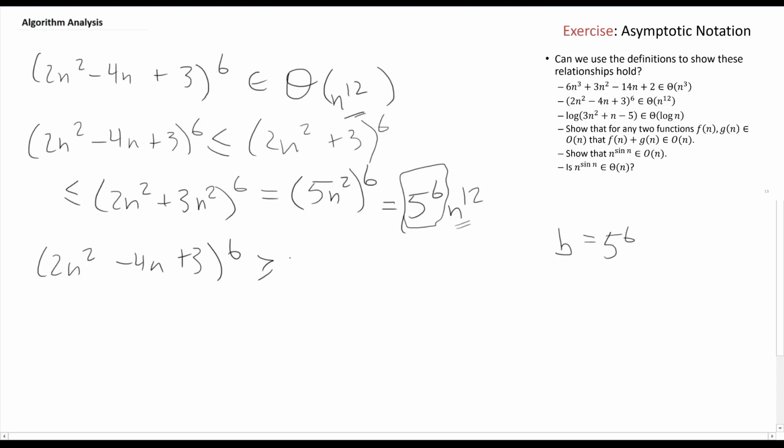Again, if we want to start out using that same rule, we could say 2n squared plus, we're going to drop out the plus. We'll drop out that one, but we won't be able to drop out the minus 4n.